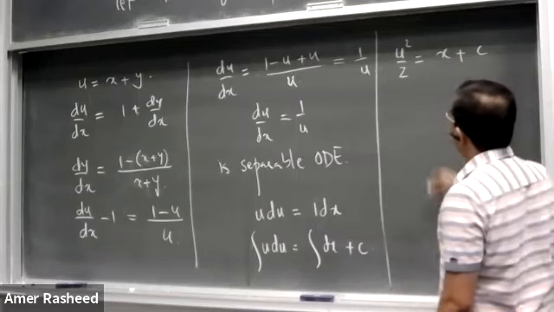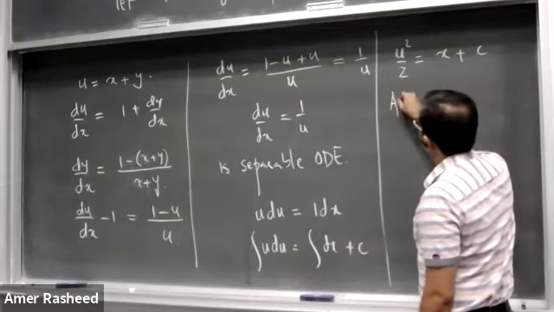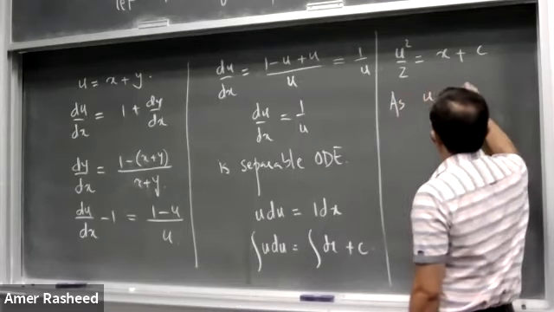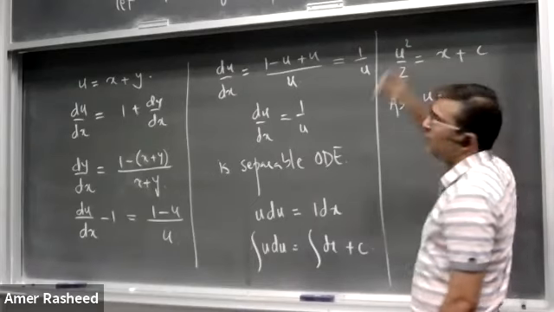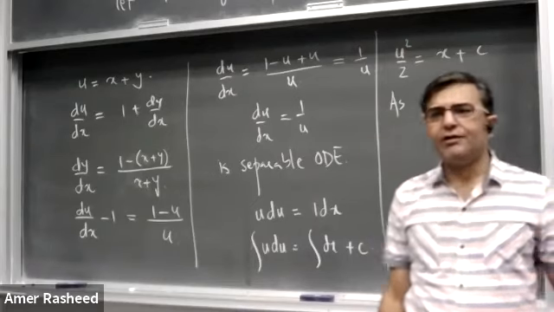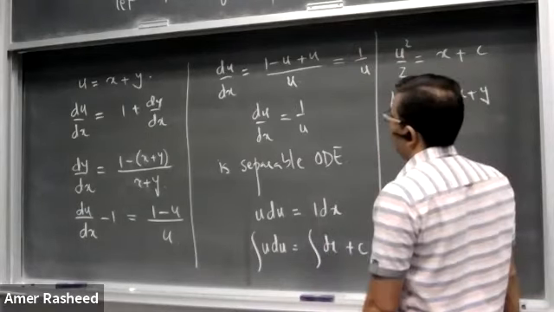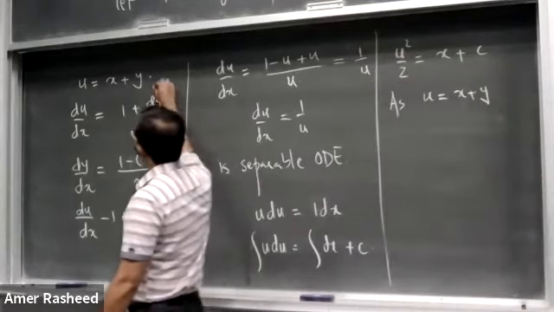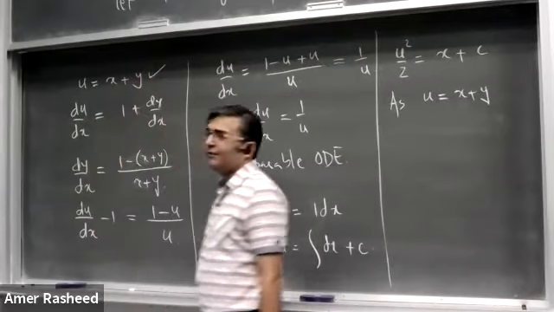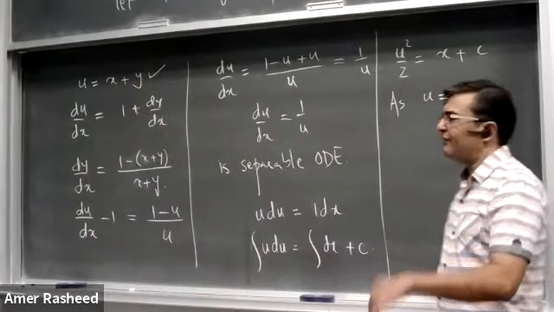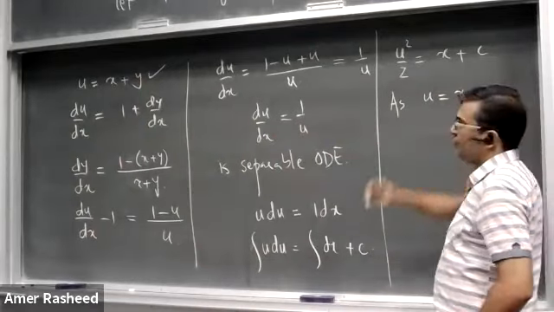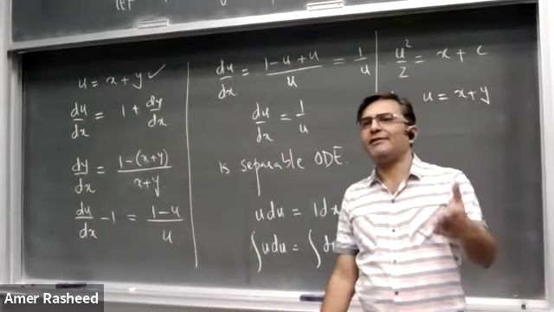Now you had that substitution, u is what? x plus y. Once you solve the given equation, you have to substitute back the substitution you made into the given differential equation in order to get the solution in terms of x and y.